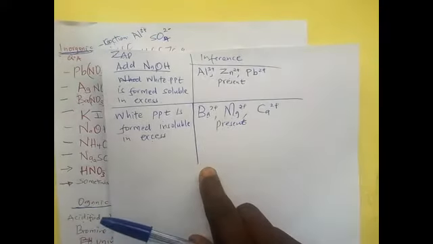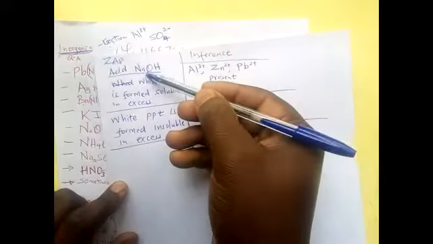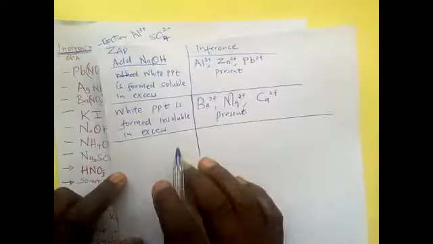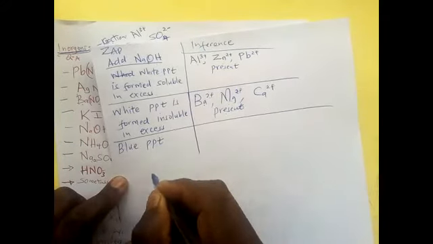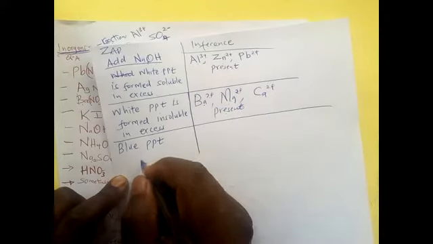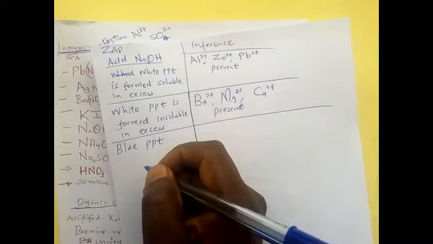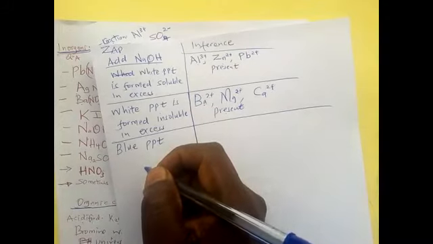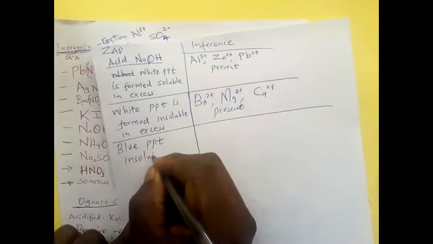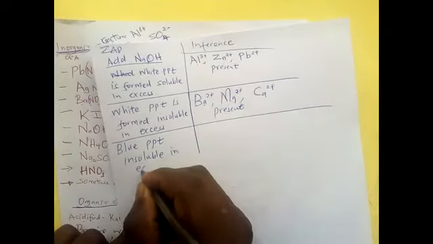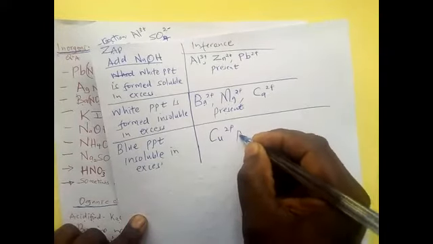Suppose now it forms a different color. You are adding sodium hydroxide, and it forms a blue PPT, a blue precipitate which does not dissolve in excess. So if it forms a blue precipitate insoluble in excess, then definitely it is copper 2 ions which are present.